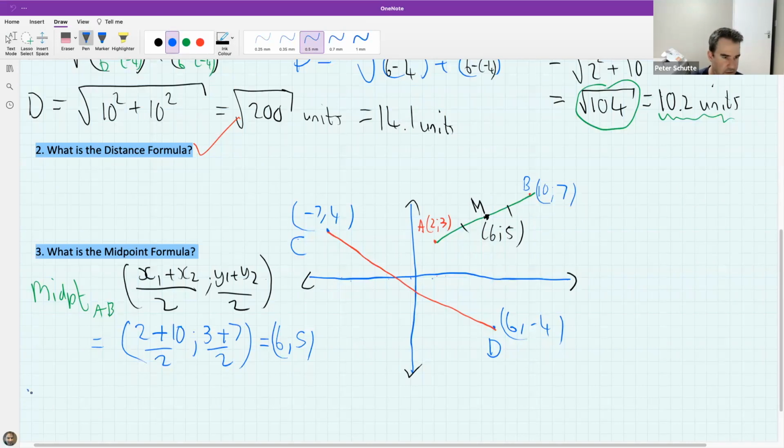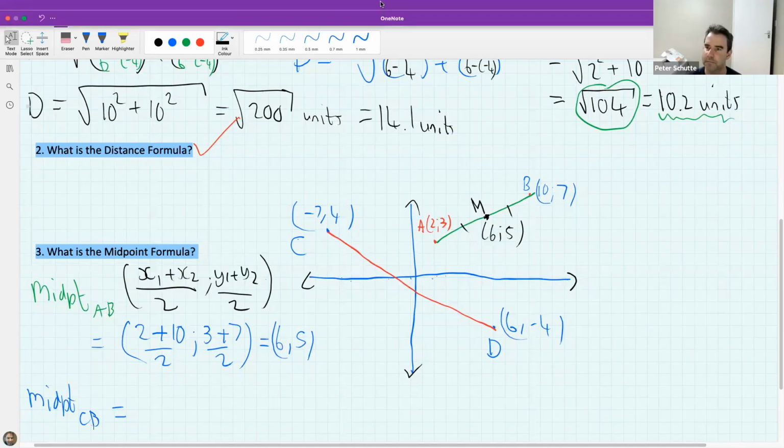So what is the midpoint between C and D? Give it a go. What do you think it is? I'm kind of guessing it's somewhere near quadrant 4, but that's just my visual intuition.